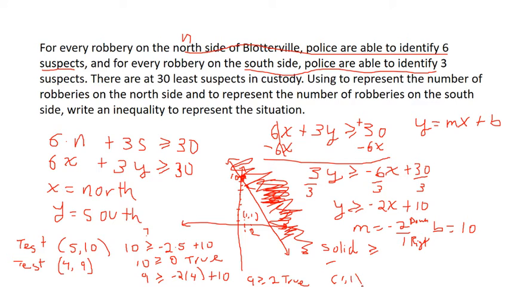I'm going to have 1 is greater than or equal to negative 2 times 1 plus 10. Let's put a question mark here. So I have 1, is this greater than or equal to, that becomes an 8.